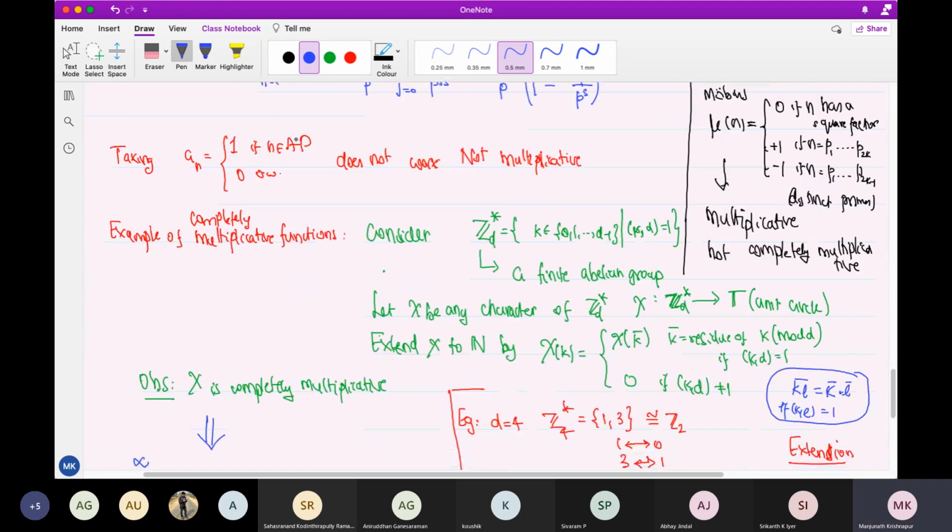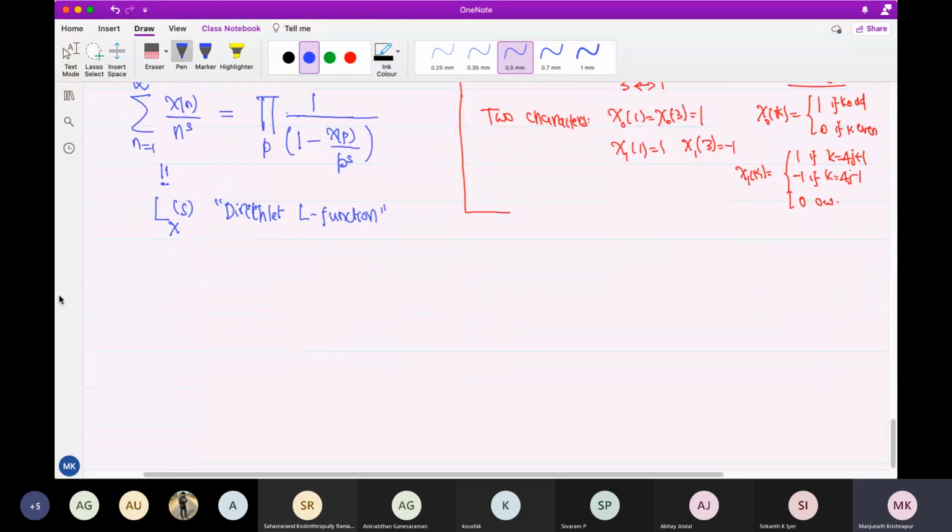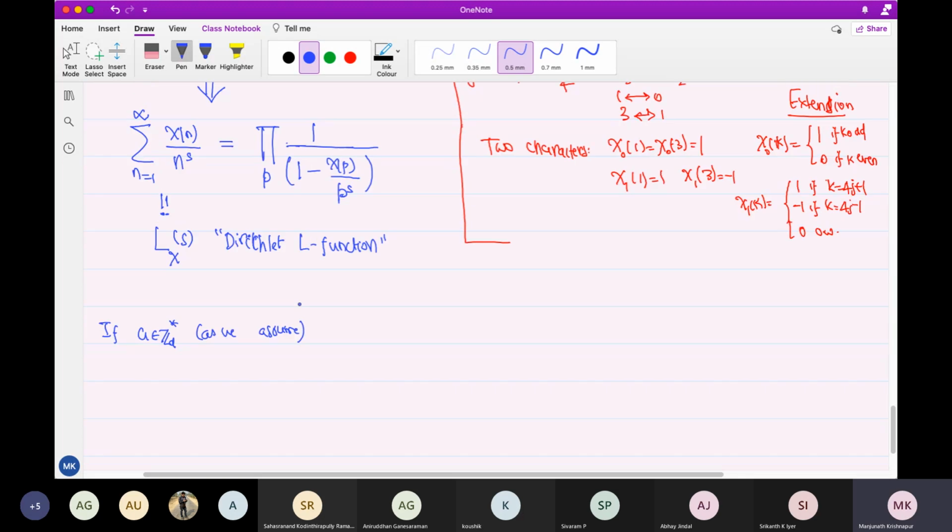So the point here is, you can use characters to write other functions, right? Characters form a basis. So for example, in Z_d star, if a is in Z_d star, as we assume, a and d are co-prime, right?